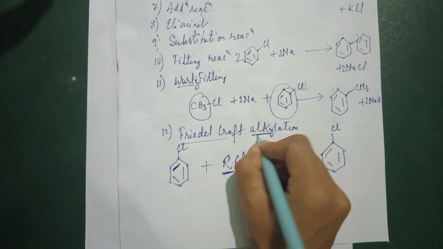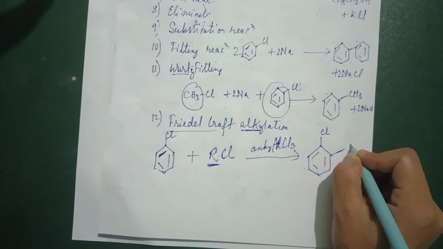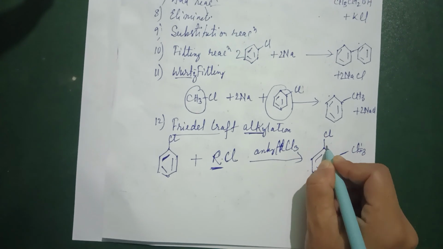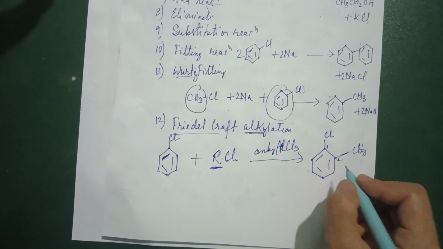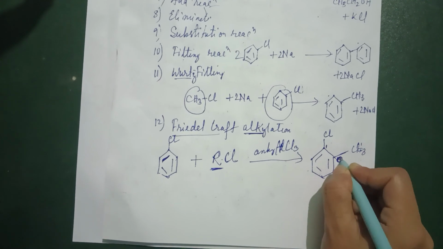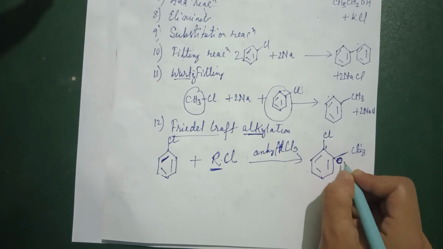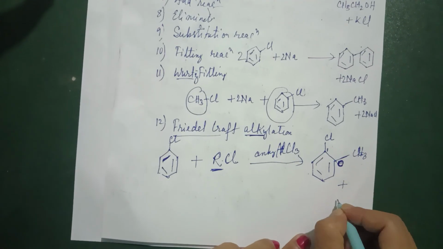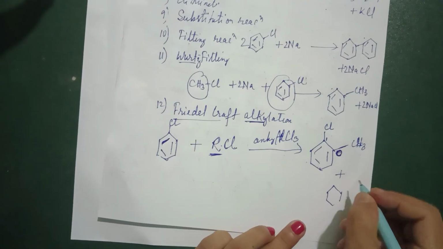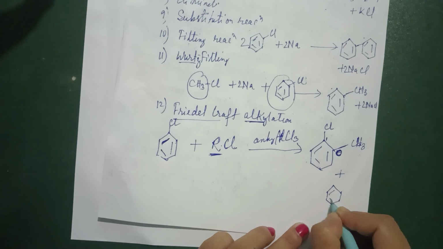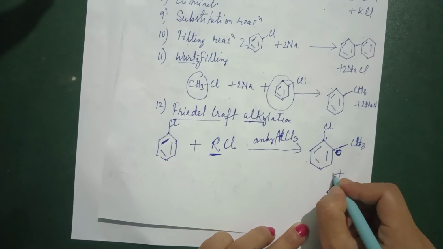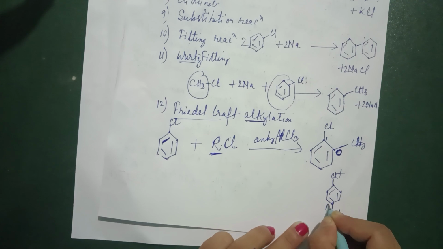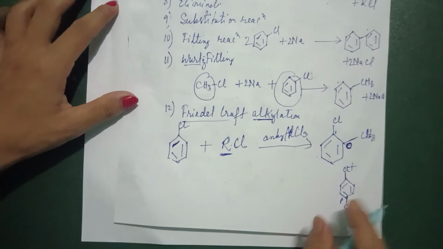Only the alkyl group is added, so the alkyl will be in the 1,2 position, this 2 position, which we can call the ortho position. This gives CH3 here, plus again we have another product with CH3 in the 1,4 position, that is your para position.